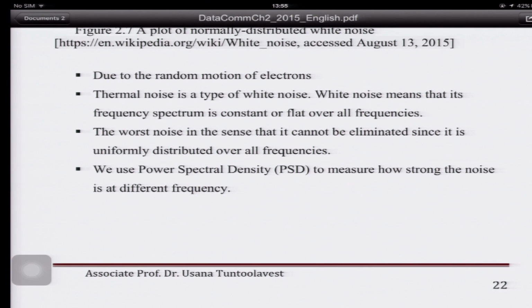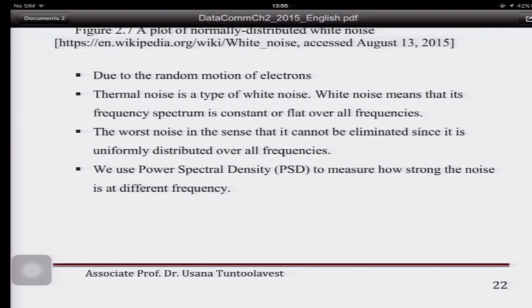White noise means that this noise has all frequencies, and it has the same value for all frequencies, which means that it is constant, or flat, over all frequencies. Because if you think about the prism, when all the light colors combine, you get white.